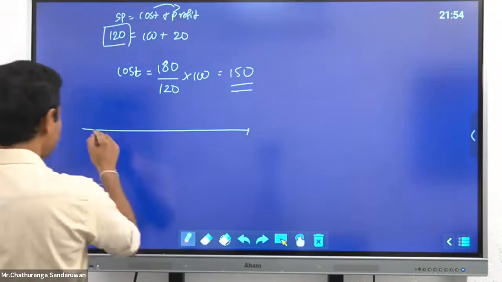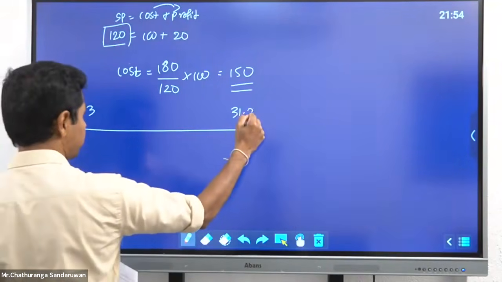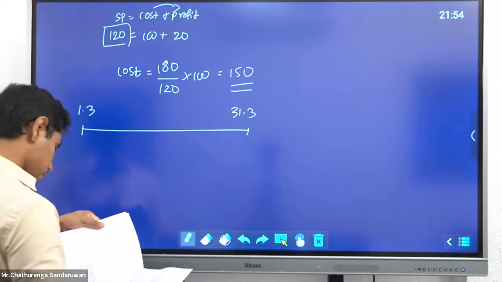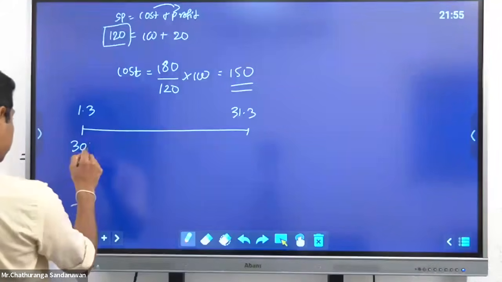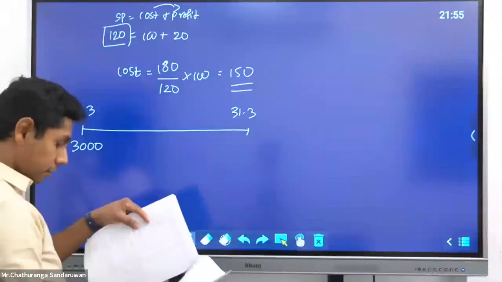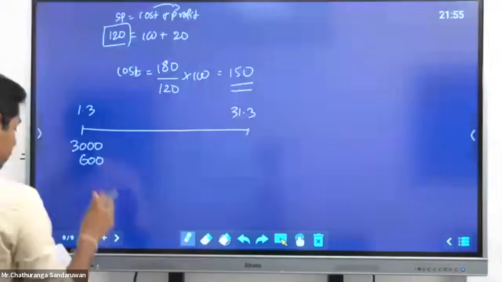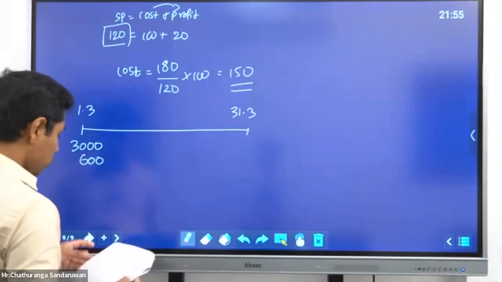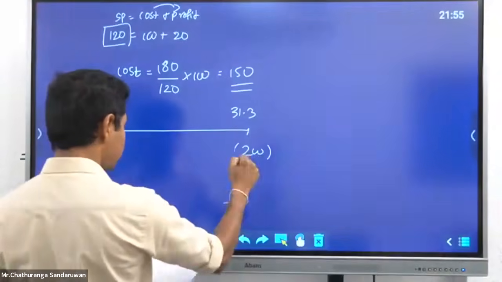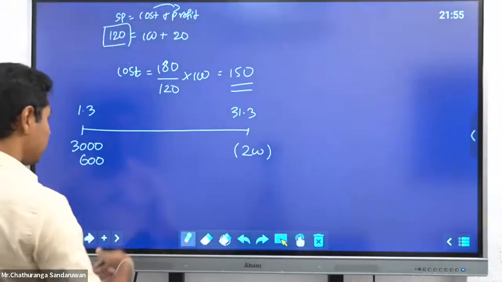If you write a timeline, it's a month, right? 1st March, 31st March. Cost at the beginning of the month is 3,000. And if you look at the very first transaction, office equipment costing 600 was purchased on this date. And if you look at the last transaction, 31st March, they have sold 200. But it was there in the entire month.